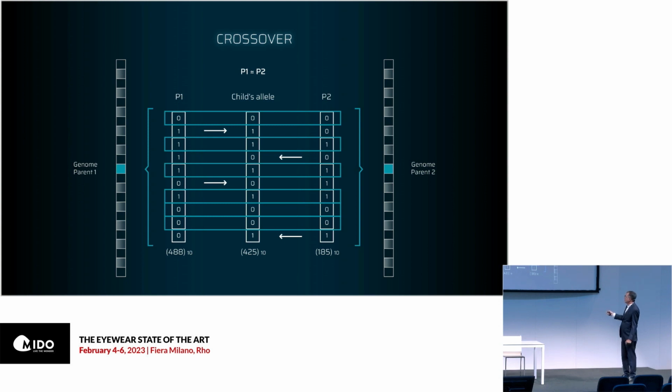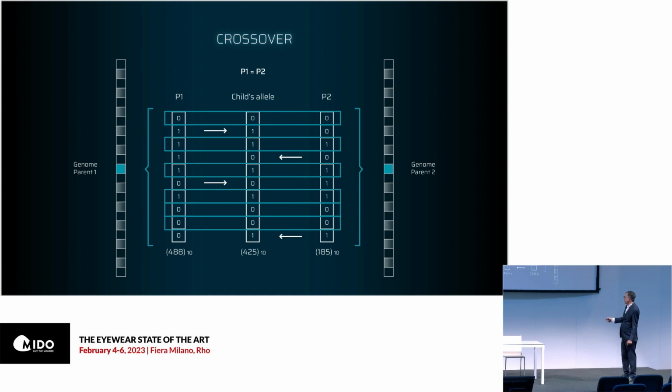So what we do is, for one specific gene, for example, this or this, we have a DNA for the child in the center, and suppose that this is a binary number that represents the value of this square, and this is the binary number that represents the value in this square.